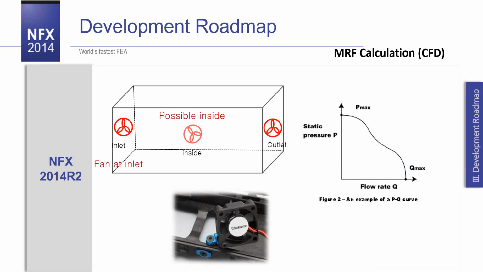The second CFD feature which is coming is the fan model. So you'll be able to use a fan model inside the model at the inlet, at the outlet, and to input the fan curve directly into the software.